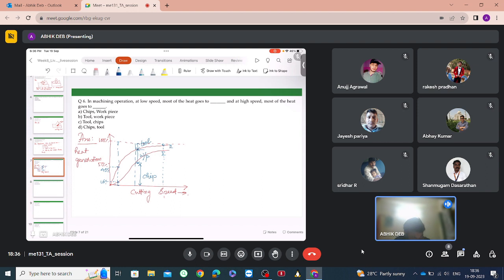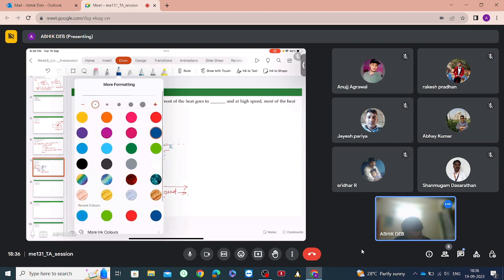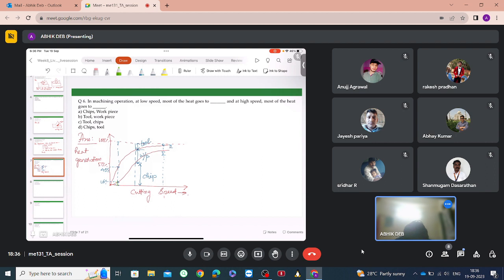See, this region is the heat carried by the chip, this region is the heat carried by the workpiece, and this is the heat carried by the tool.